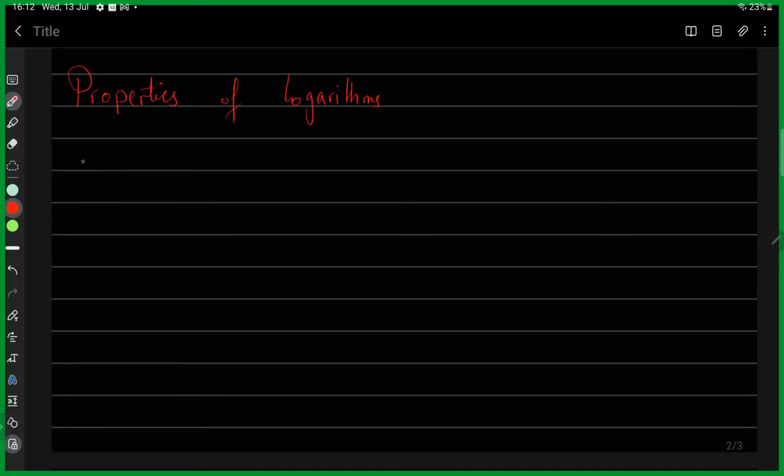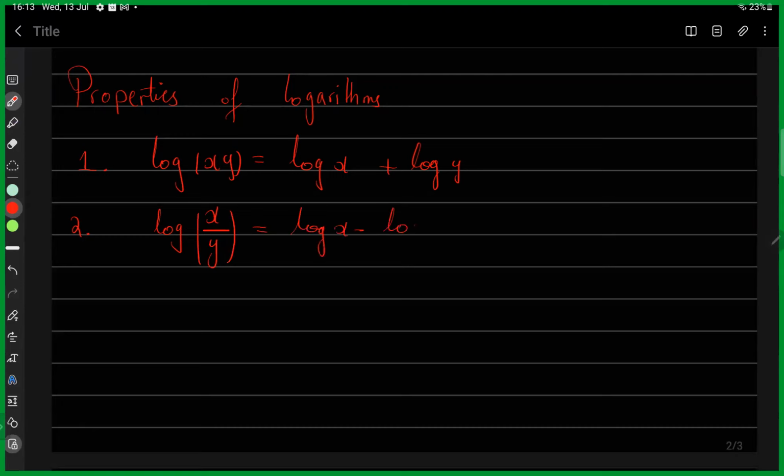At this point we will only be talking about three properties. The first one is log xy equals log x plus log y. The second one is log x by y is equal to log x minus log y. And the third one is log x power n is equal to n log x.